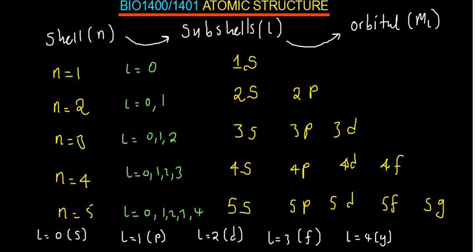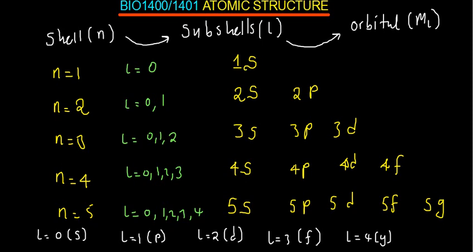Messi, you have a question? Is L always going to be less than 4? No, it can be more than that. Like when you have n being equal to 6, then L will start from 0 up to 5.